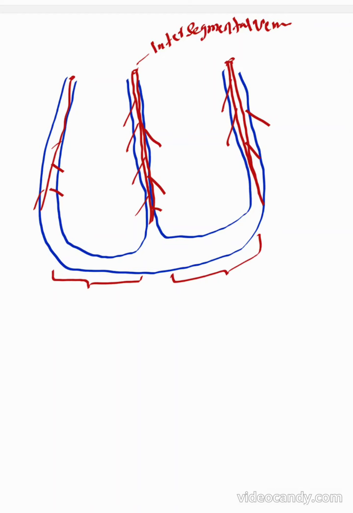Okay, so we have the bronchus. First let's draw the bronchus. So here we have a bronchus. Here bronchus. Okay, and there are bronchial vessels.